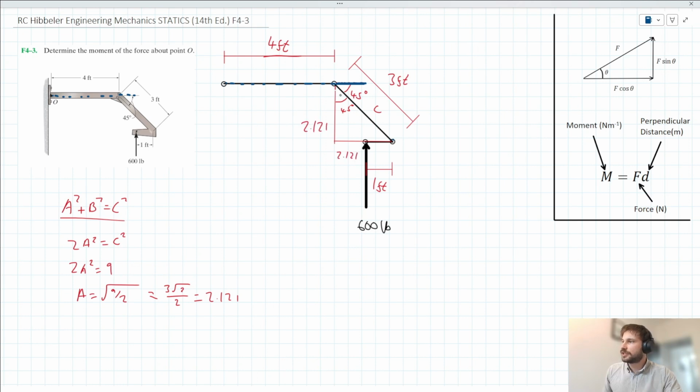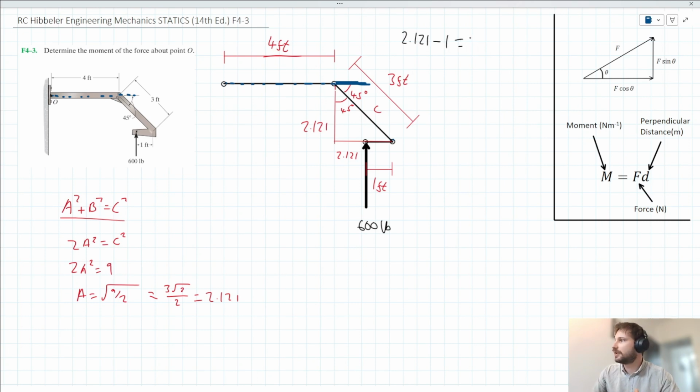Let's just add that in. So if we're trying to find this length from earlier, at least in the horizontal dimension, we have this 2.12 length here, and then this 1-foot length here. So we could say that this length here is roughly equal to 2.121 minus 1 foot, right?